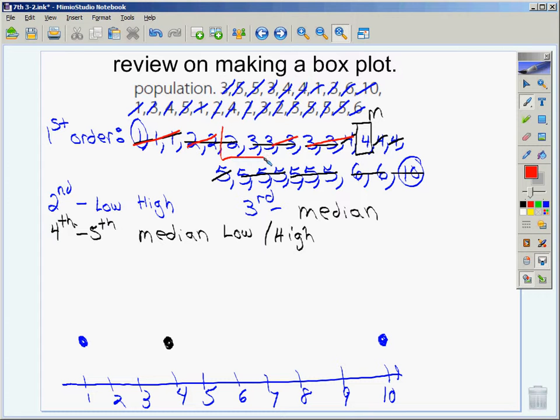What's in the middle now? 2 and 3, which I have to add together and divide by 2. So, what am I going to plot next? I'm going to plot 2.5.